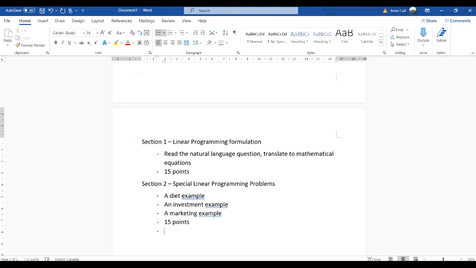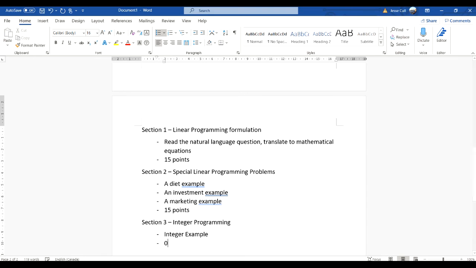Section 3 will be integer programming. We will have an integer example, a 0, 1 example, and a mixed example.